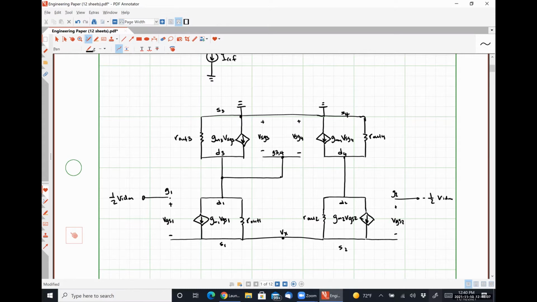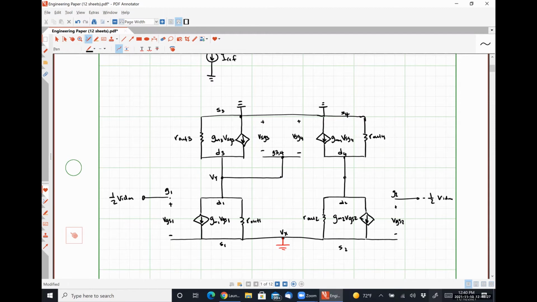So let's call this node down here ground. It's not going to be quite ground, but it's going to be close enough for what we're doing, all right? I'm going to call the nodal voltage here Vy because it will be critical.